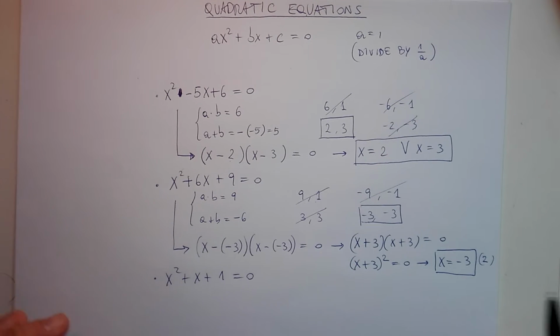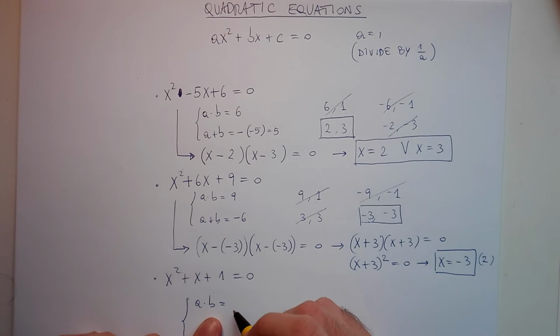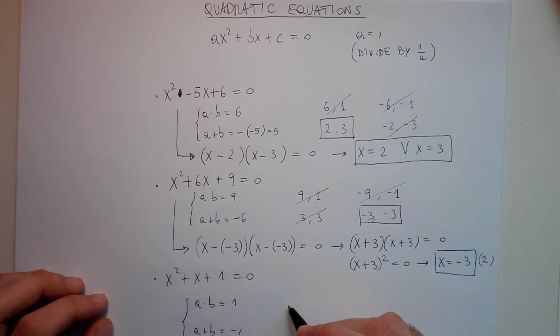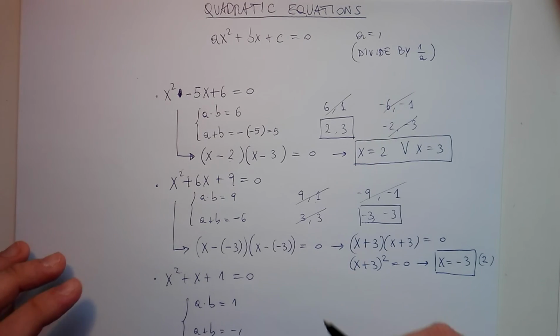Then the last example. Here it's more tricky, because we have to find two numbers whose product is 1 and whose sum is minus 1. As you might guess, these numbers do not exist.